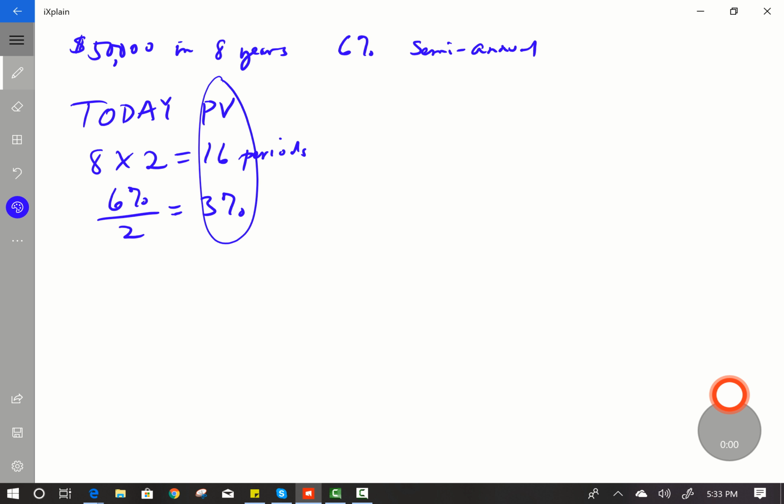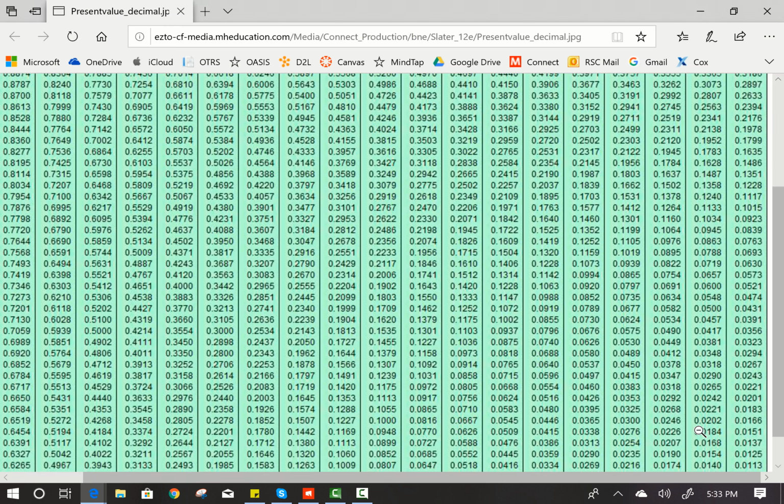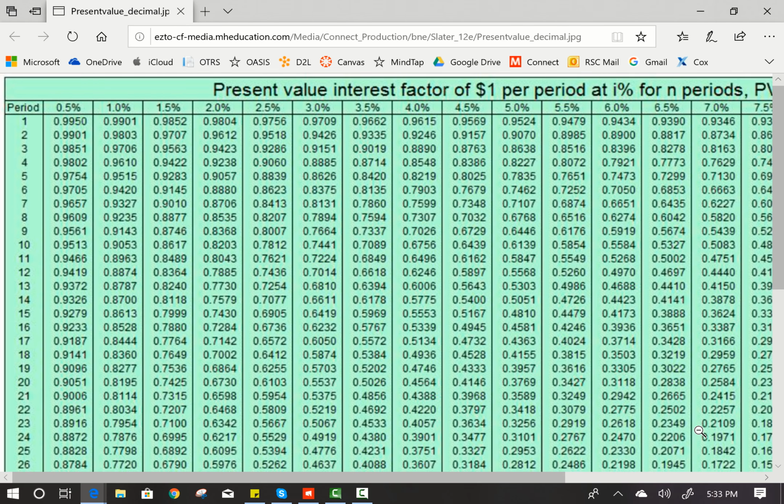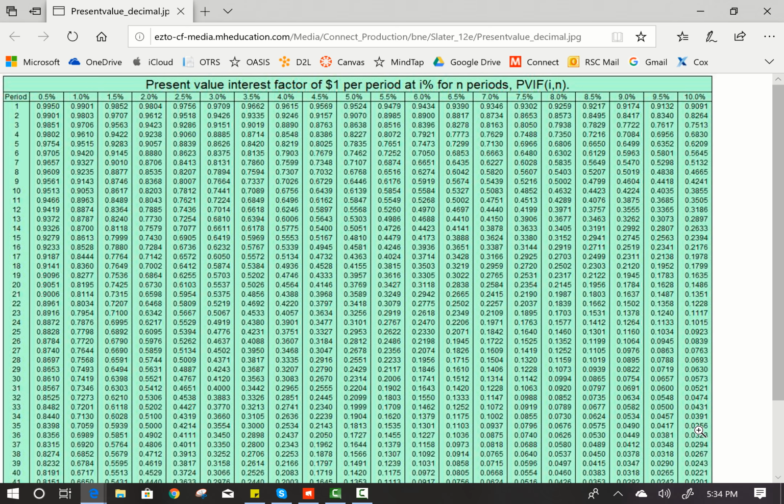So 16 periods and 3% in a present value. Okay, there's 3% right there, and 16 periods is 0.6232, I believe. 0.6232.